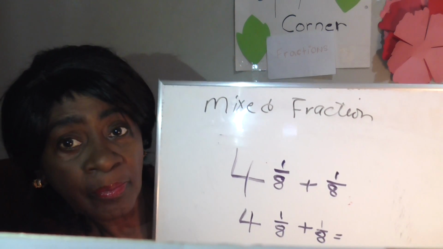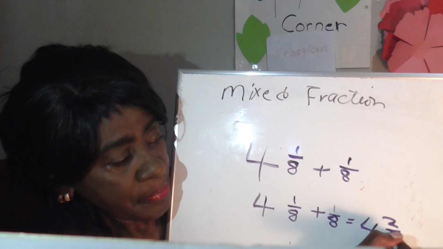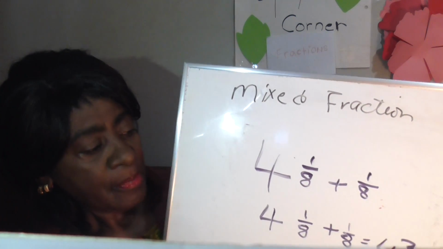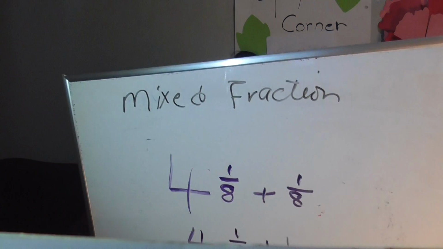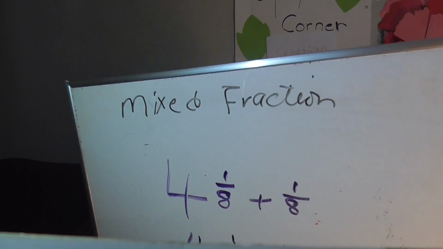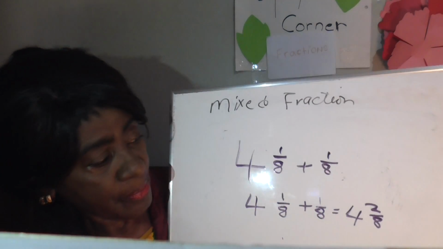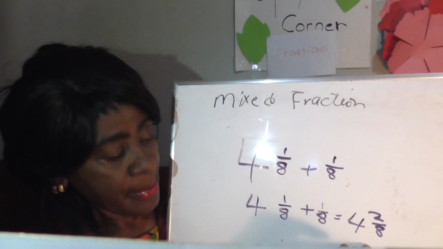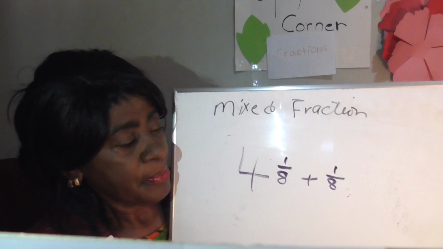Equals 4 and 2/8. Four and 1/8 plus 1/8 equals 4 and 2/8. Now, this is a mixed fraction. How do we change this into an improper fraction?